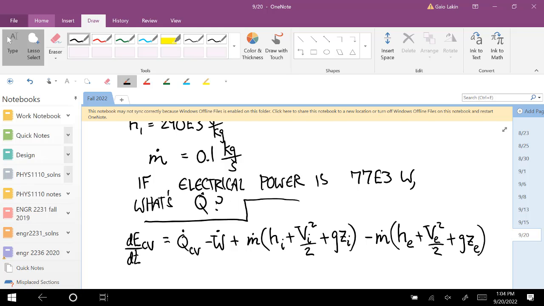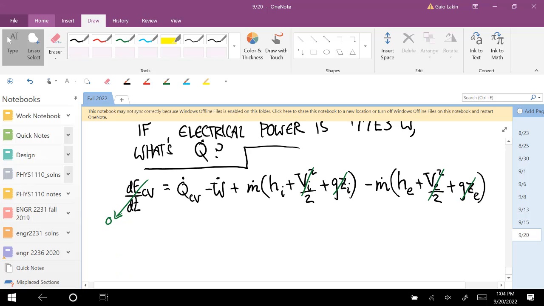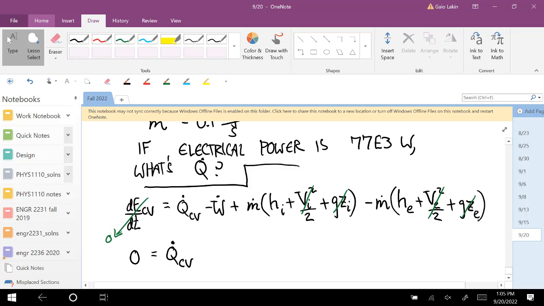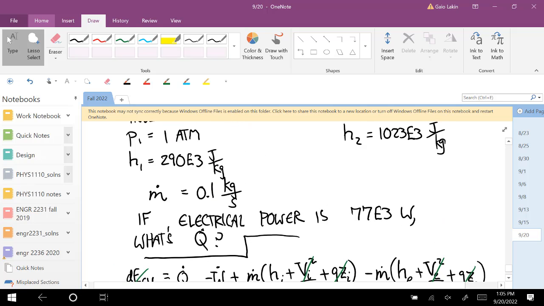We are assuming steady state, so there's no energy change. We already made the switch with the m's. We're not including potential energy terms or kinetic energy terms. So we're left with just the heat, the work, and the enthalpy. So 0 is equal to Q dot for the control volume minus W dot.